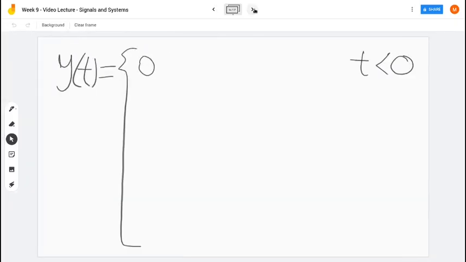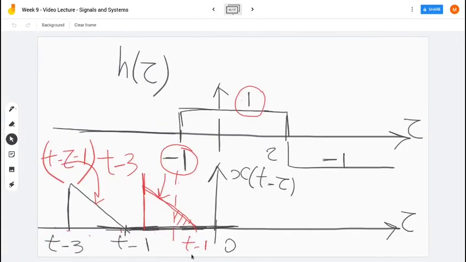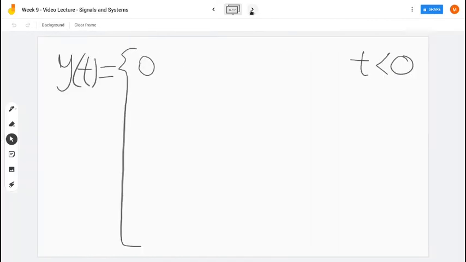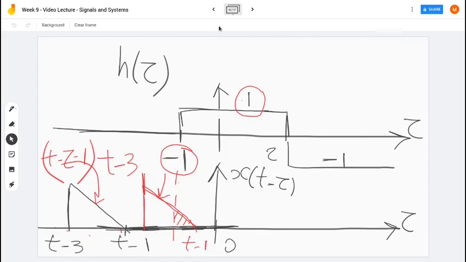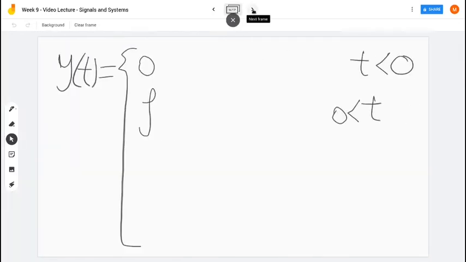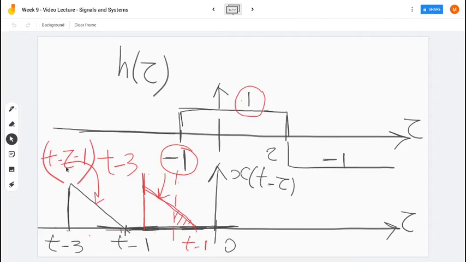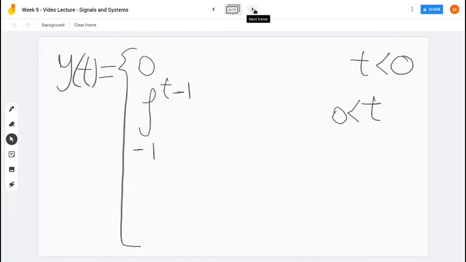So if t minus 1 is larger than minus 1, it simply means t larger than 0. So if t is larger than 0, the integration would be from minus 1 up to t minus 1, and we'll be integrating 1 times t minus tau minus 1 d tau.